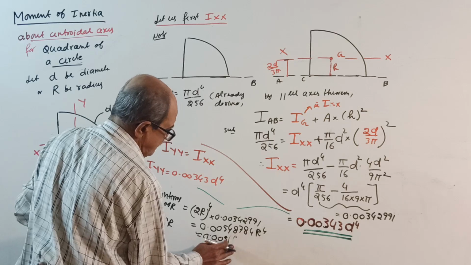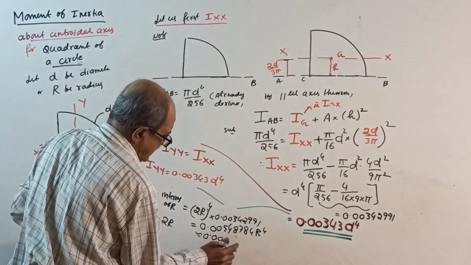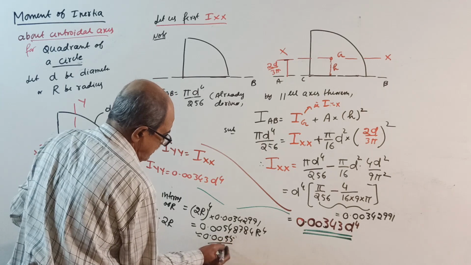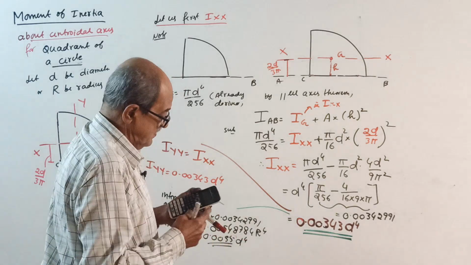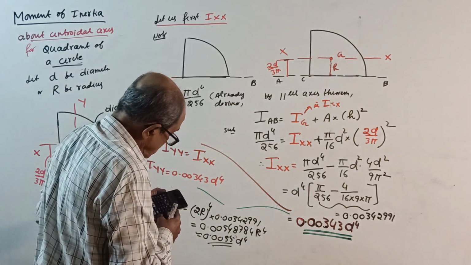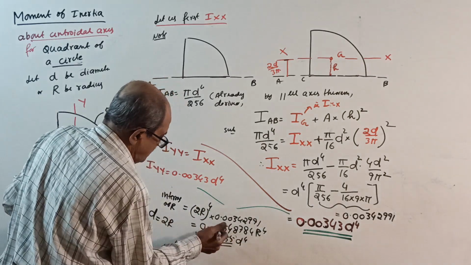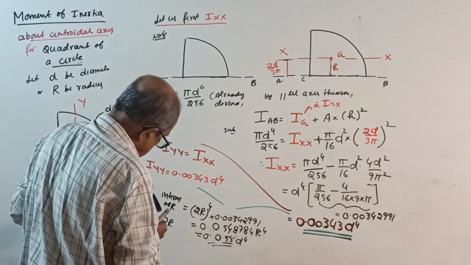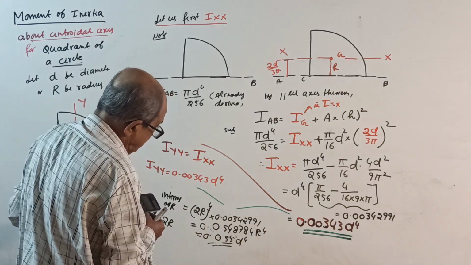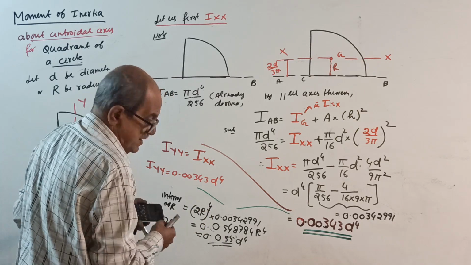Some people take 0.0055. Anyway, we will not bother because we will not solve in terms of radius. It is 0.0 only, point naught 54878. Okay.